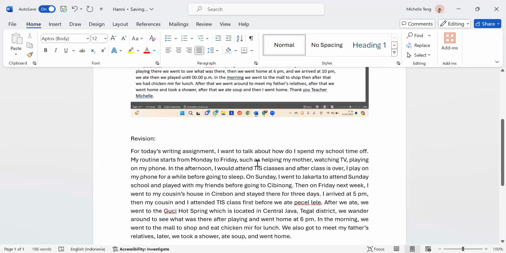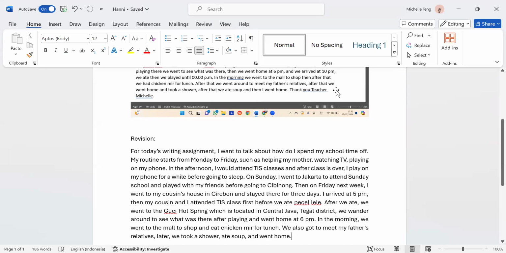We went to the mall to shop and chicken meal for lunch, so we should add a full stop right here. And then we need to make a new sentence. Well, you did add a full stop right here, and this is a whole new sentence, but I tried to get rid of the words after that. Then we went around to meet my father's relatives. After that, we went home, took a shower, then we ate soup, and I went home.